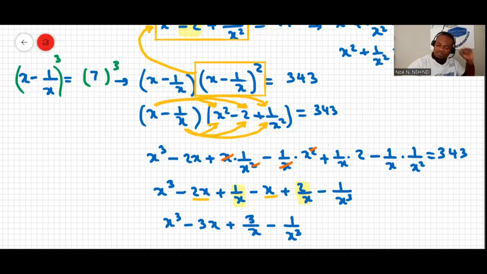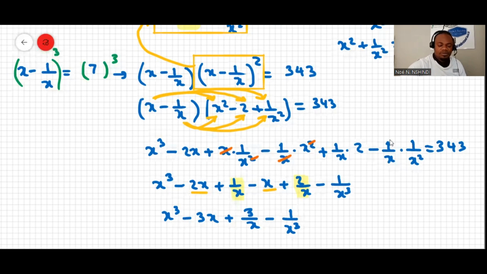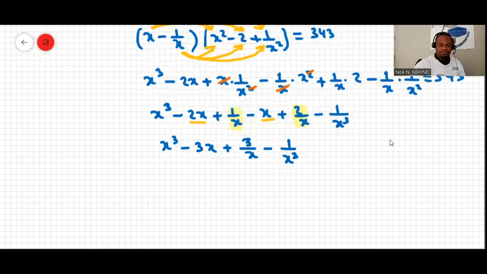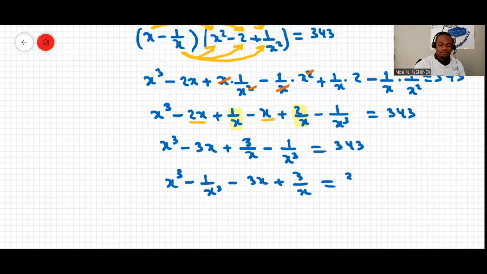Now, if I move these two closer, I can write x cubed minus 1 over x cubed, and then minus 3x plus 3 over x, still equal to 343. Now, this is what I'm looking for.